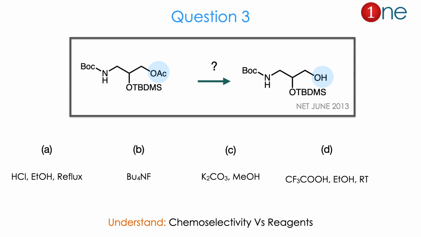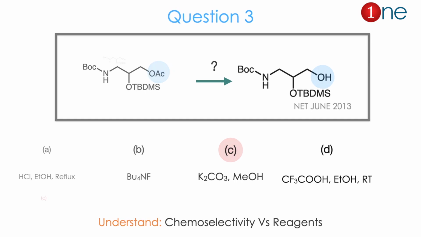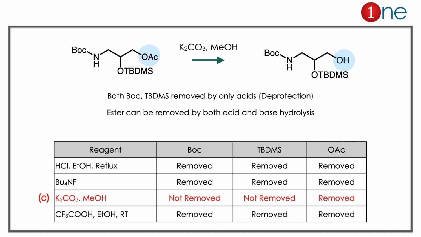The possible reagents given are HCl and ethanol under refluxing condition, ammonium bromide, the base potassium carbonate and methanol, and trifluoroacetic acid, ethanol at room temperature. So there are 4 possibilities. From the reactant to product and the possible reagents, you might guess the question is about chemoselectivity versus reagents. The answer is C. Let us see how.